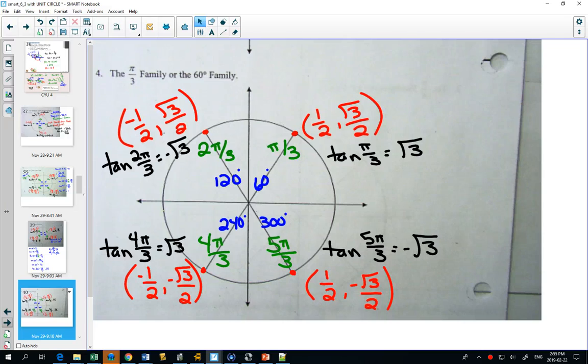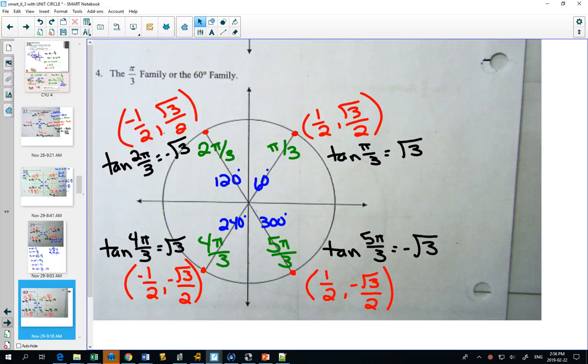It's going to be here in quadrant 3, so your x-coordinate is going to be negative 1/2. What is sine of 60 degrees? Root 3 over 2. Excellent. And tan of 300 degrees. Yes. Negative square root of 3. Perfect.